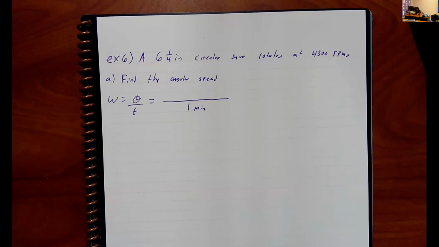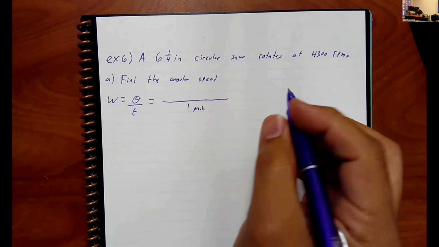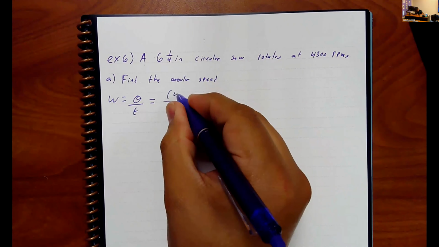What is that equal to? Do you remember? Is it 360? Yeah, but we have to use radians, so it'd be 2 pi. Exactly, it's 360, but technically use 2 pi.